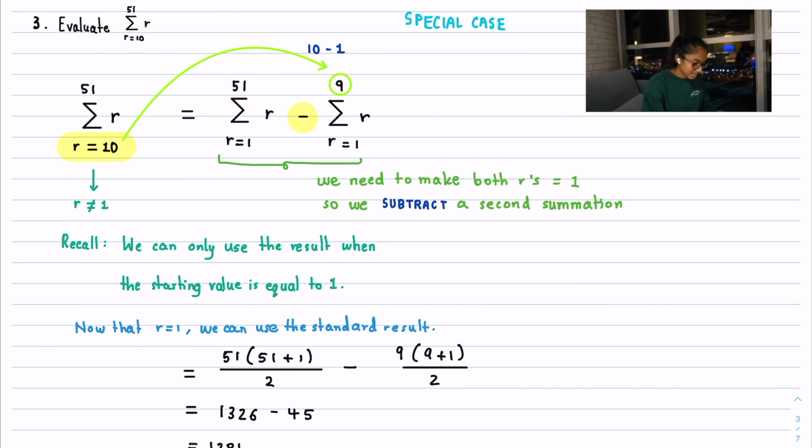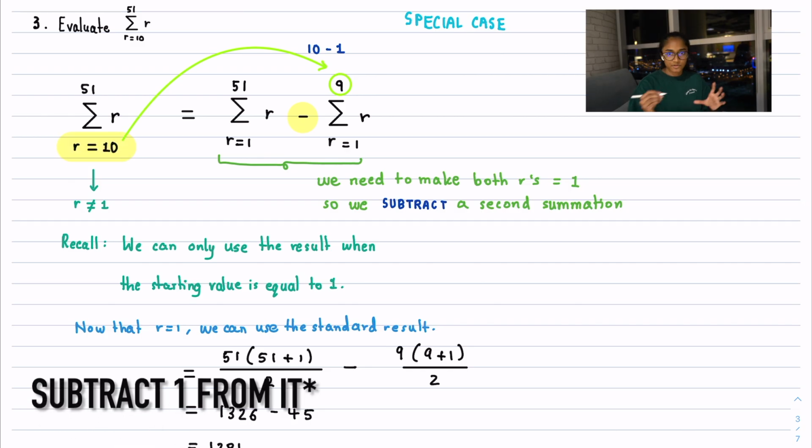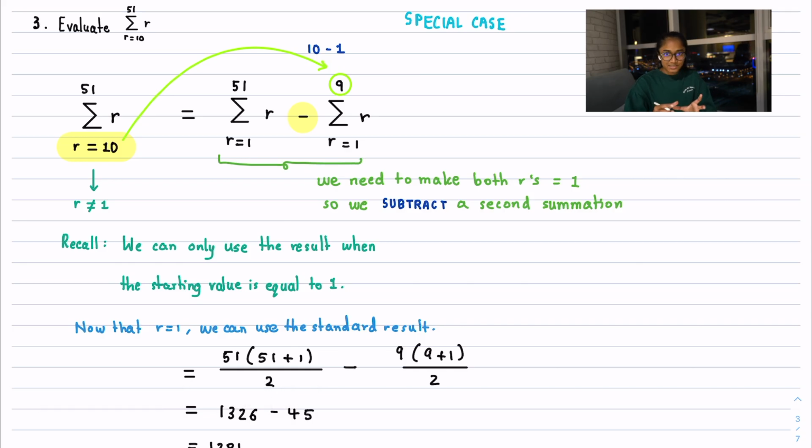However, for the second, we look at our initial lower limit, which is 10, our starting value, and subtract 1 from it, and that will be the second summation's ending value, the upper limit. So here it will be 10 minus 1, which is 9, and that's all we have to do.